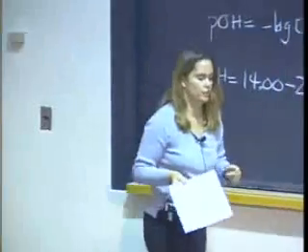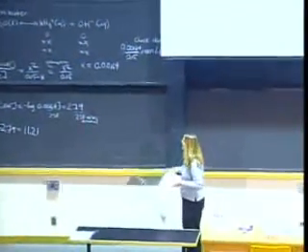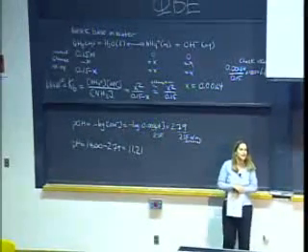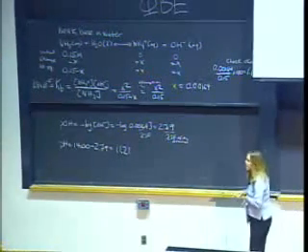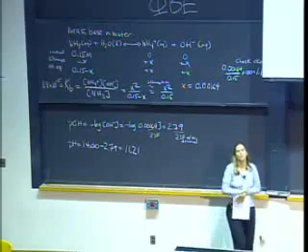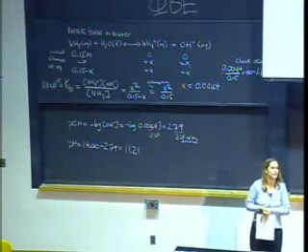And I just want to remind people, sometimes when you're in a hurry on a test and you get to this point and have this number of 2.79, you say, oh, I'm done. But that's the pOH. And if you think about it for a minute, a weak base in water should give rise to a basic pH, i.e. a pH greater than 7.